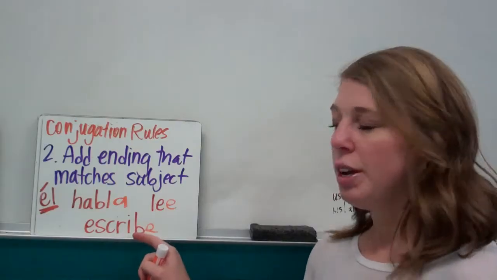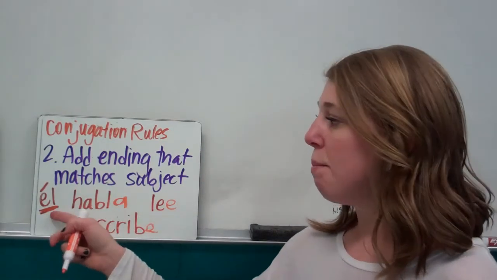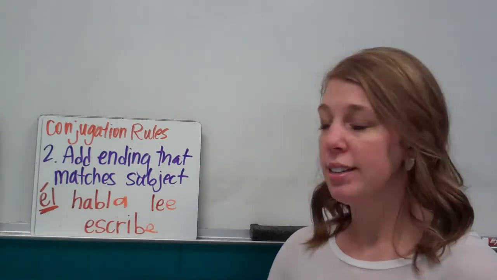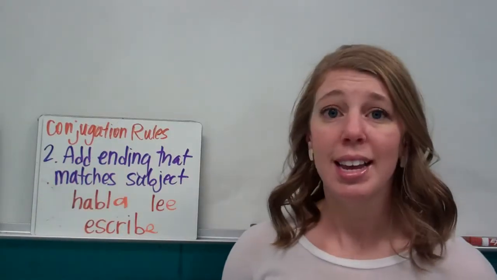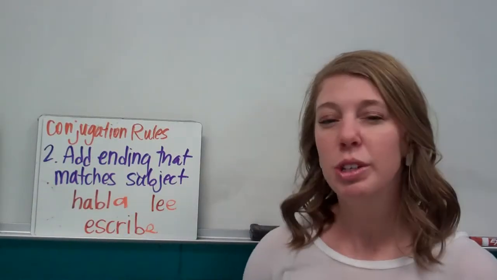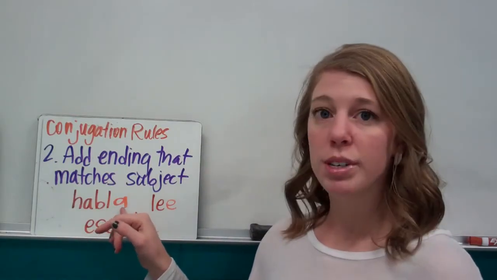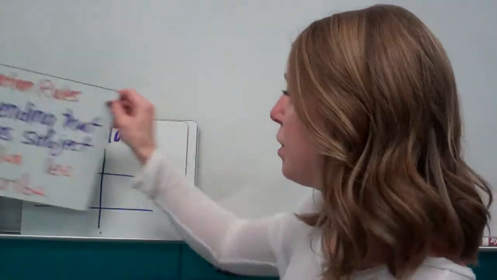And él escribe, he writes. Okay, it's very important that this ending matches the subject because this ending tells us what subject it is. If we erase this él right here, we would still know that it's a he because of the ending. So in Spanish, you don't really have to have a subject because the ending of the verb tells you what the subject is.